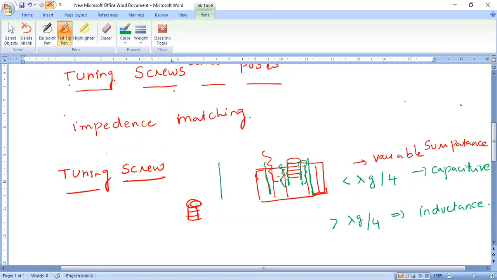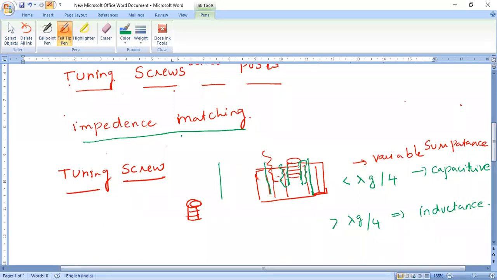What are tuning screws used for? To do impedance matching, generally tuning screws are used. A tuning screw is a metallic threaded rod which can be inserted along the top or bottom walls of the waveguide. Generally, it is placed parallel to the electric field lines to get a variable amount of susceptance.